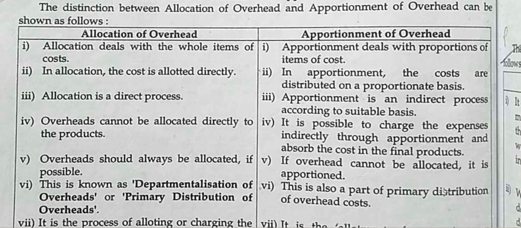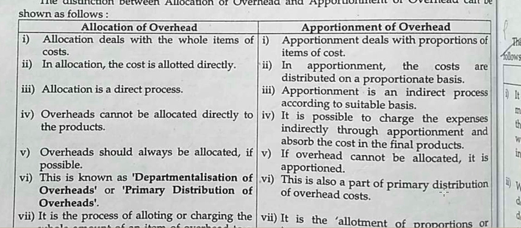In apportionment the costs are distributed on a proportionate basis. Number 3, allocation is a direct process, apportionment is an indirect process. Number 4, overheads cannot be allocated directly to the product. This is correct. And in apportionment it is possible to charge expense indirectly and absorb the cost in a final product.